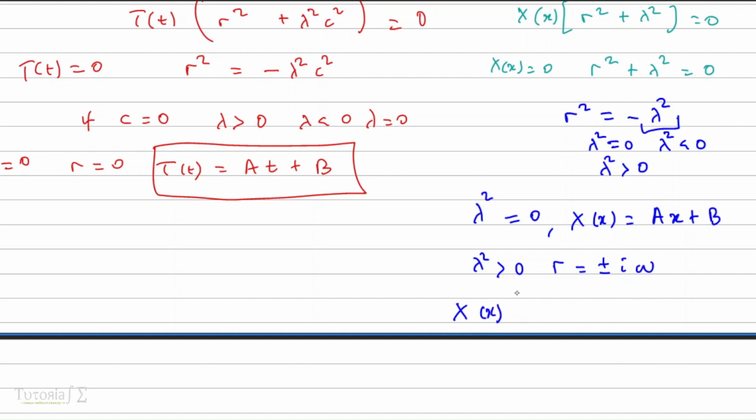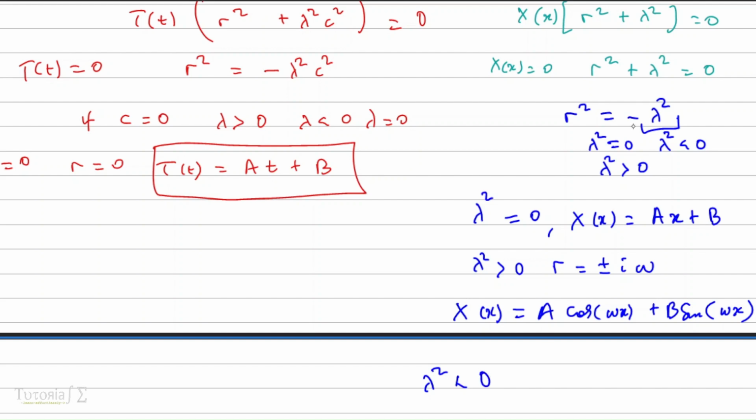So in this case, it's just a cos wx plus b sine wx.